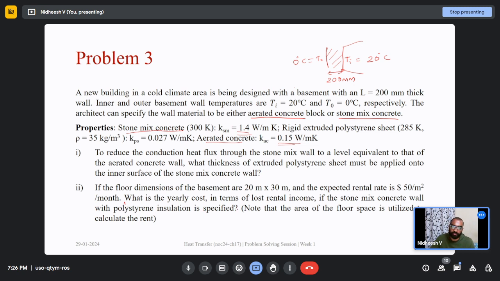Note that the area of the floor space is utilized to calculate the rent. This is just like an aptitude problem, not particularly a heat transfer problem. It is just to let us know that while we are trying to make these additional insulation layers, what is the compromise that we have to make in terms of other expenses. Is the question clear to everyone?